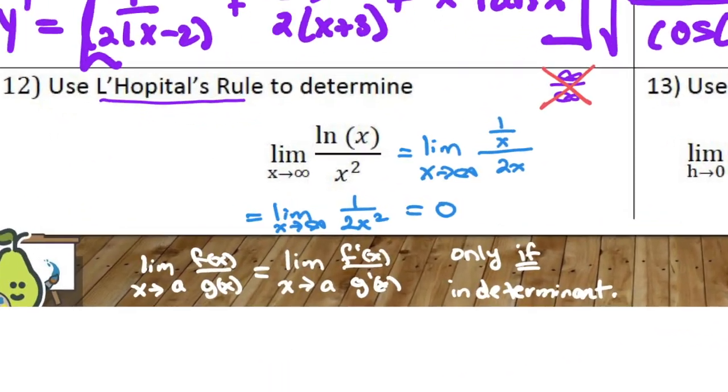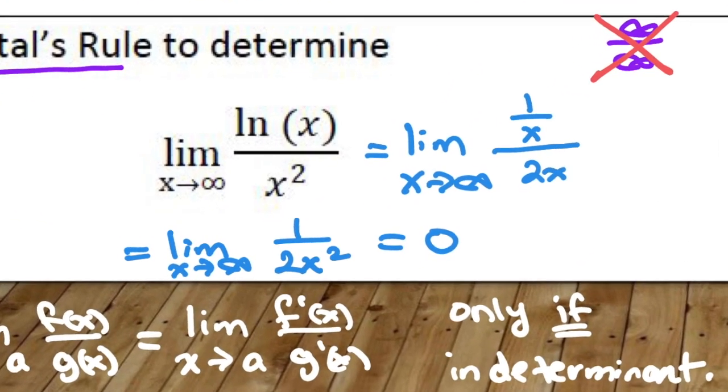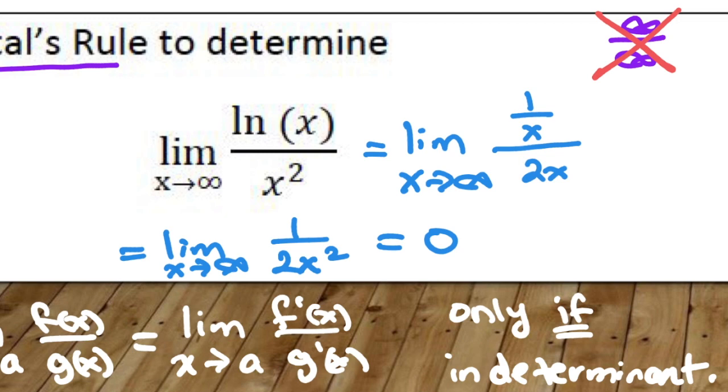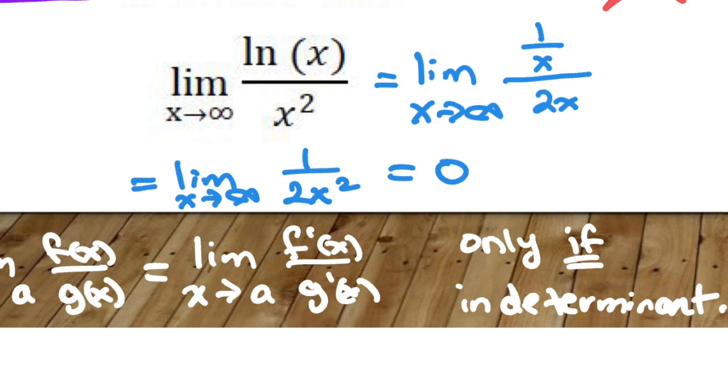L'Hopital's rule. So back to a few limit problems. Now, remember please, L'Hopital's rule only works if you have an indeterminate form. But what's an indeterminate form? That's when you try to substitute, you get infinity over infinity or 0 over 0.